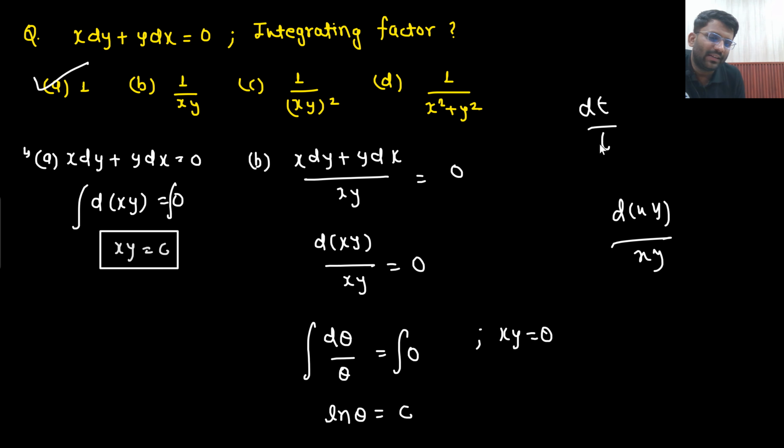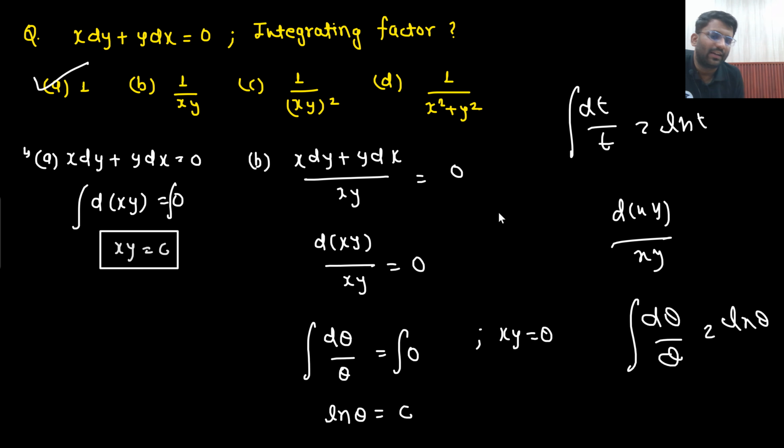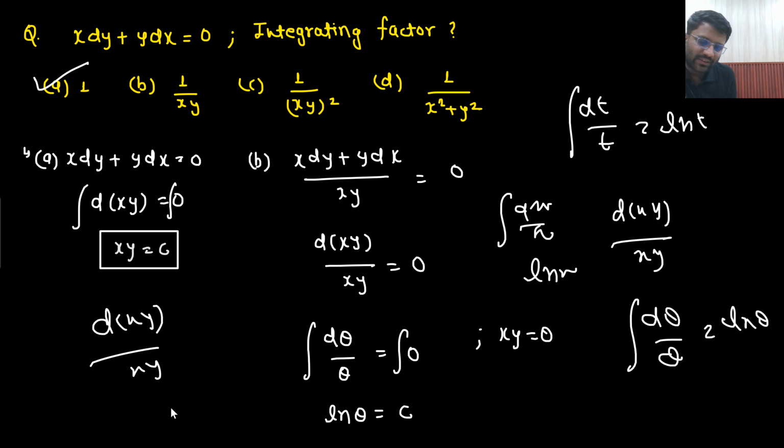If dt by t is written, if you integrate, what answer do you write down? ln t. If d theta by theta is written, ln theta. If dx by x is written, ln x. So if d xy divided by xy is written, then ln xy. That's it.